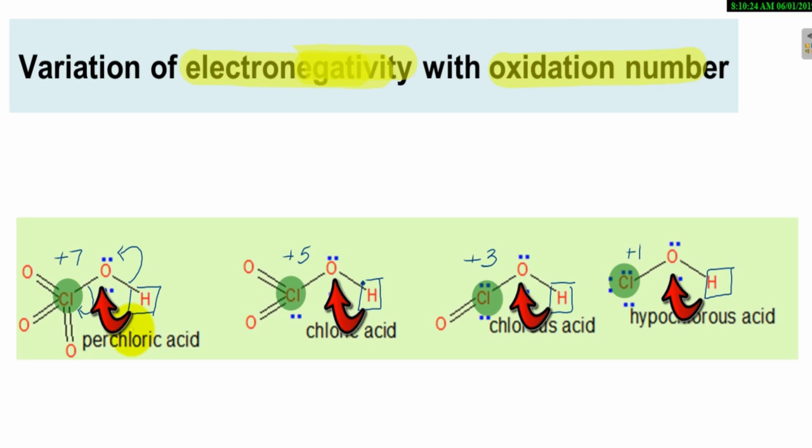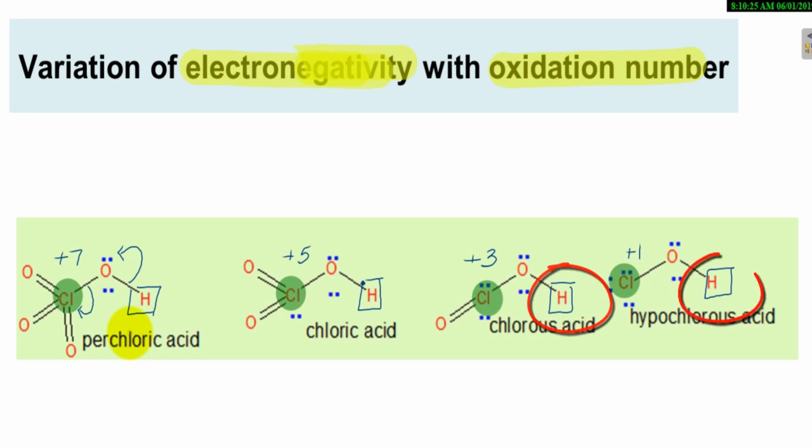So the release of this hydrogen is easier as compared to the release of hydrogen in +5 oxidation number, which in comparison with +3 is easier or more acidic, and in +3 oxidation number it is easier to pull out this hydrogen as acidic hydrogen than in +1, which has the least electronegative chlorine atom of the given series.